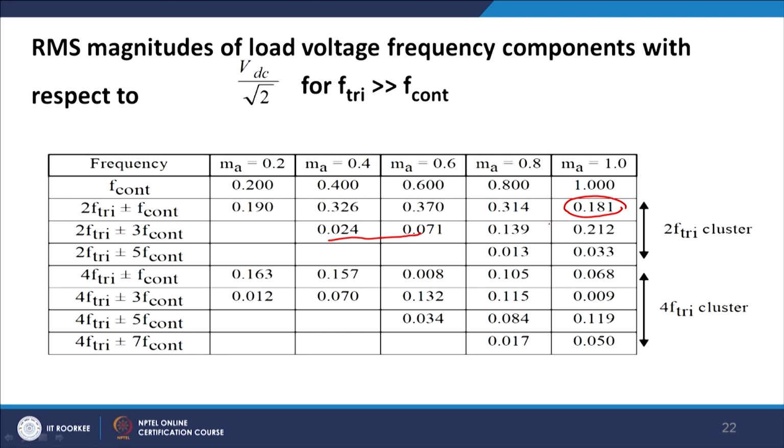So, you have to keep in mind while designing the filter the relative strength of the different harmonics at different frequencies. Accordingly, we need to take a call to design the filter.